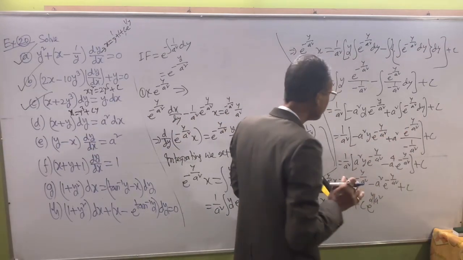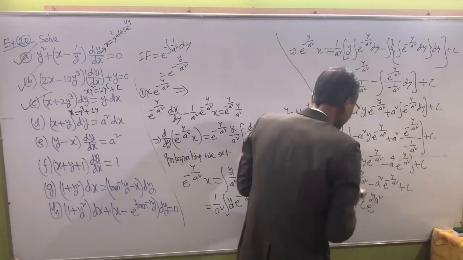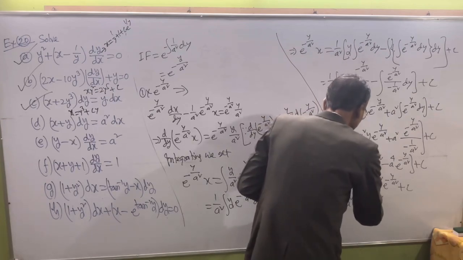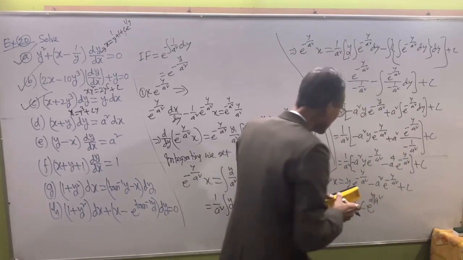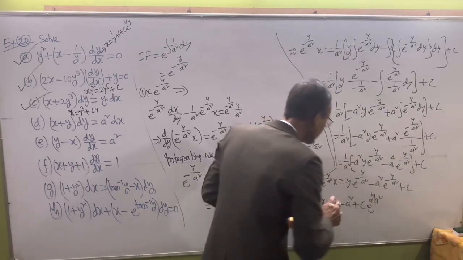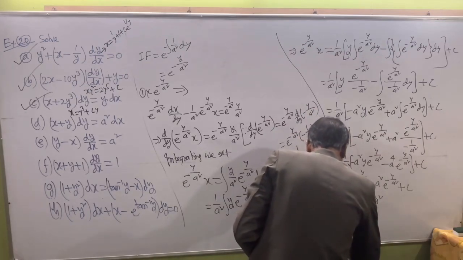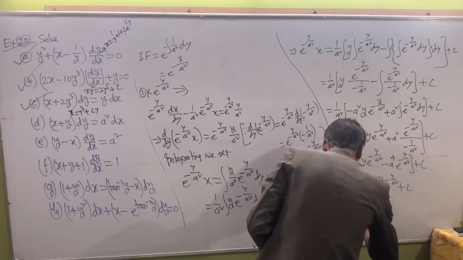One minute. Thus I have seen this. This is minus, and it should be minus. It should be minus. And here it is minus because minus sign is here. Or you may write like this: x plus y plus a square equal to c e to the power y by a square.